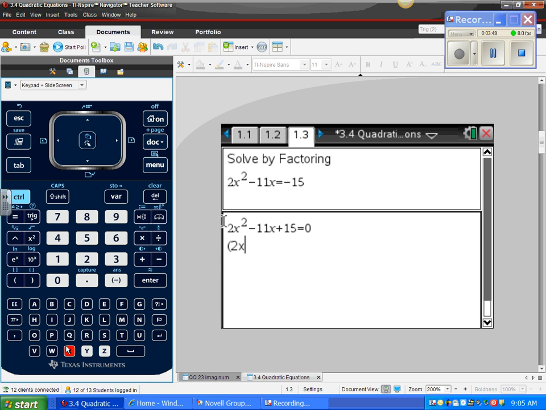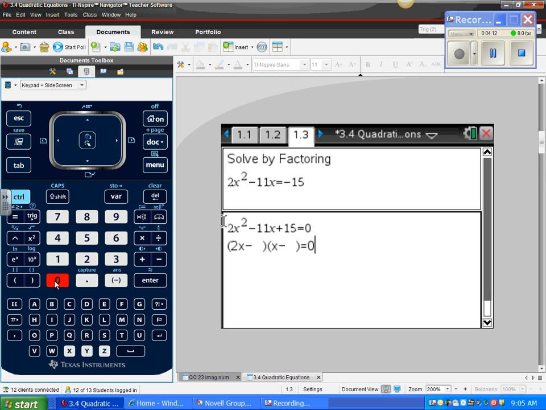Good. So 2x. And we know the signs are going to be the same. Both can be negative. So 2x, leave a space here, and x equals 0.